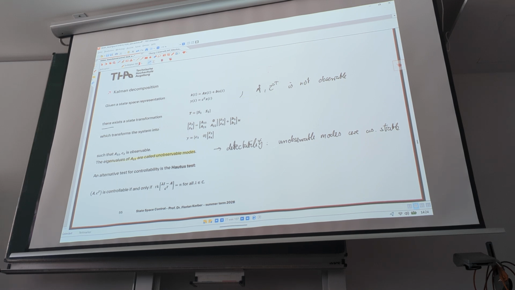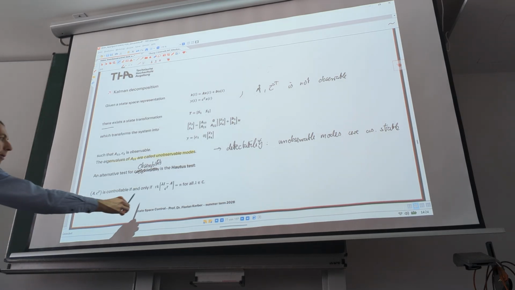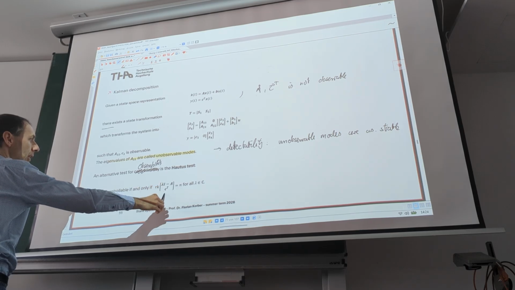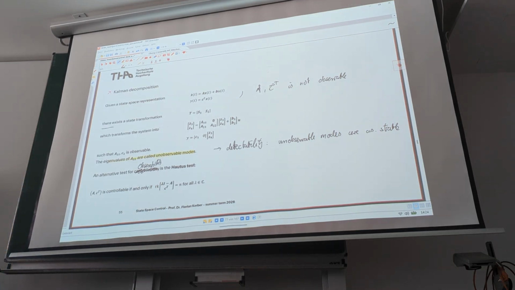And a similar Hautus test also exists for observability. We have a rank condition on [lambda I minus A; C], which should be full rank, so that the system is observable.